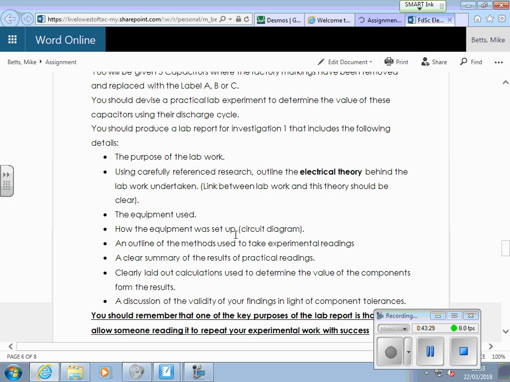So it's a circuit diagram that they need, and then you can say in your procedure, set up circuit as shown in circuit diagram, figure, whatever. But a picture is not a circuit diagram. You can take a picture of the equipment by all means, but that isn't the circuit diagram.